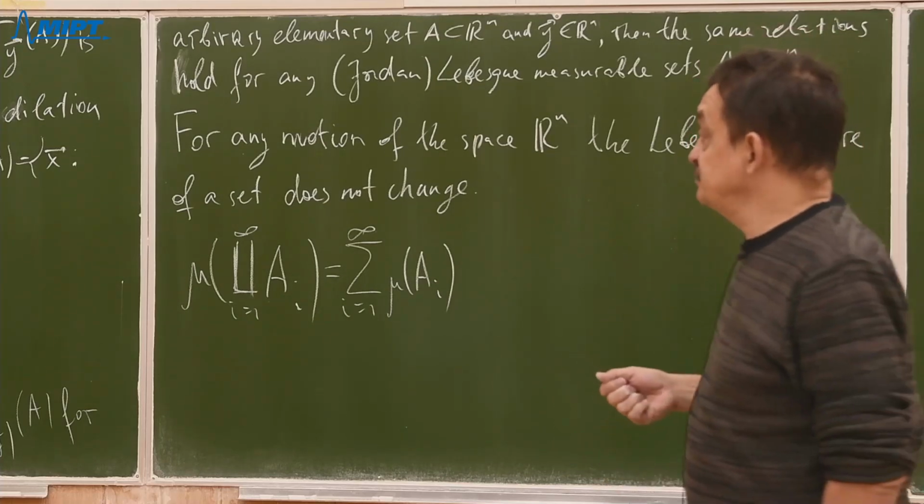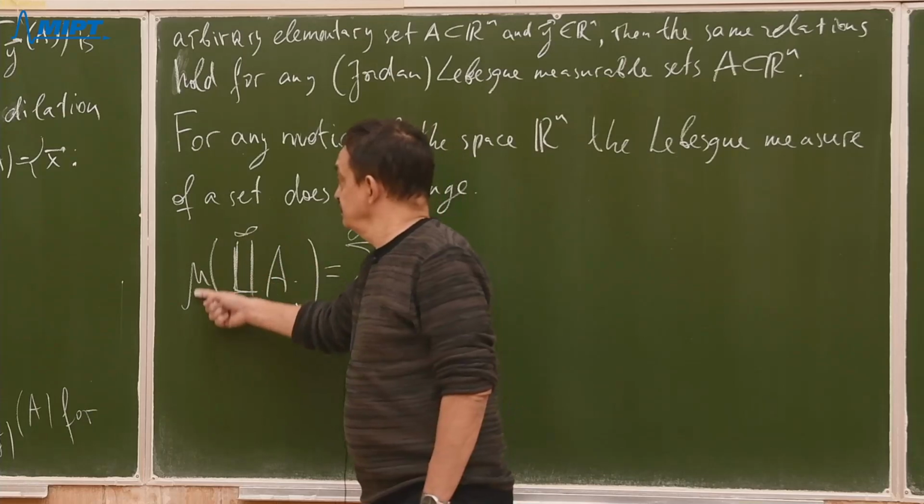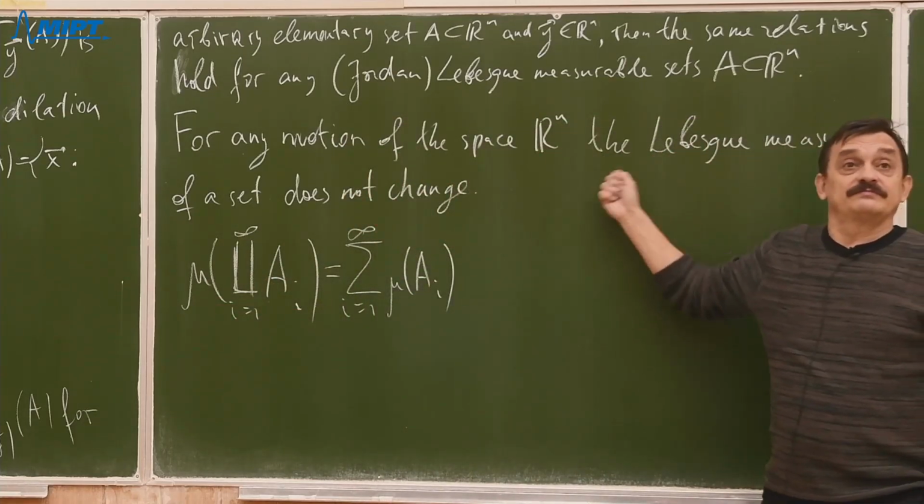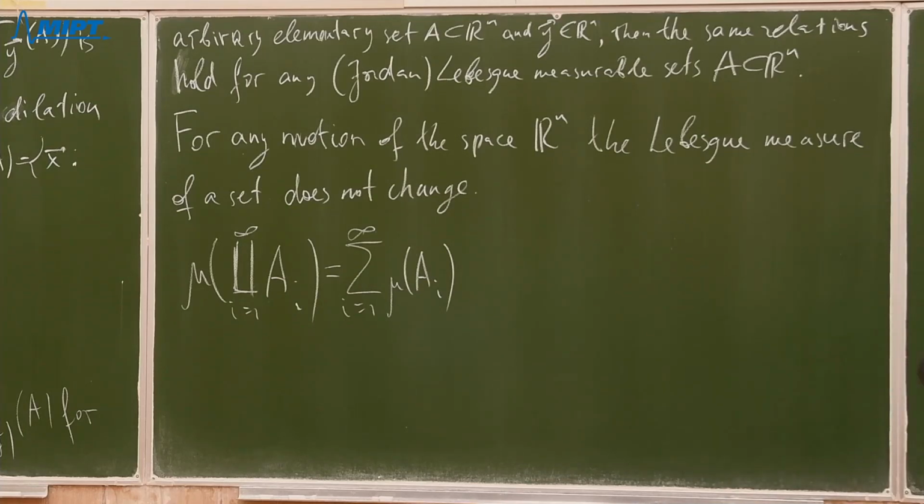So once you have this property and also that property, that measure should be preserved when you apply a motion, right? Of course, once again, that is very natural property, right? If you have a motion, then measure should be preserved, right?